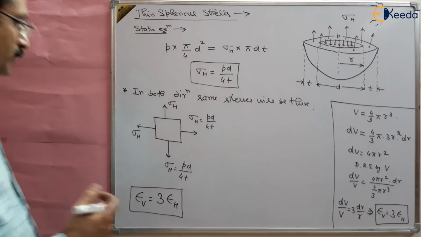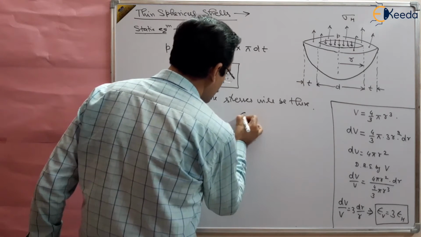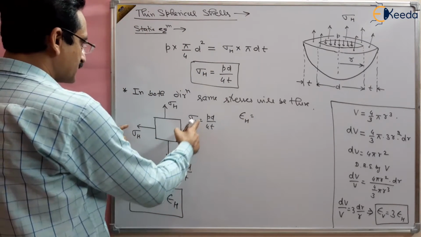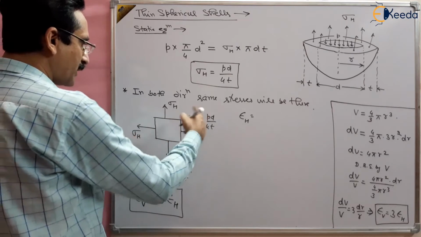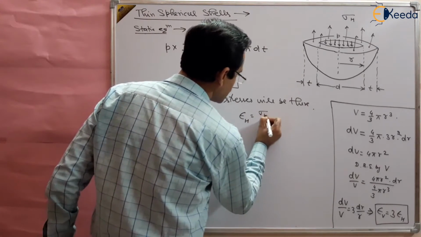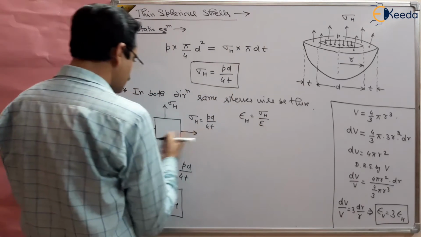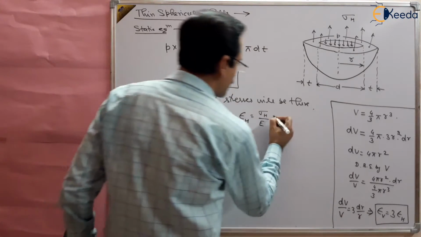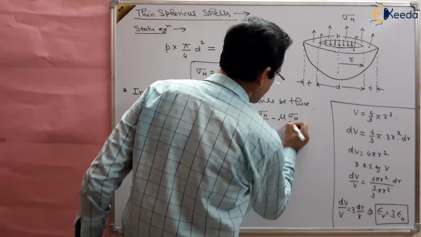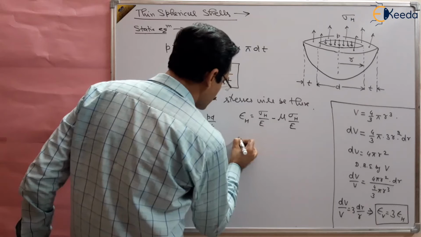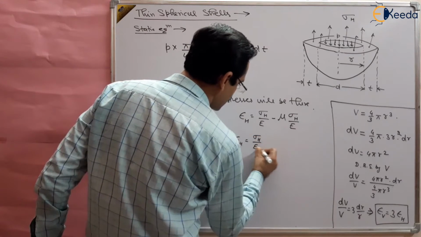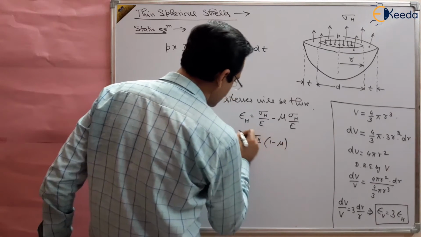Hoop strain will be equal to sigma h by E minus mu sigma h by E, in this direction, you can take any direction. So hoop strain will be equal to sigma h by E times (1 minus mu). This is our hoop strain.